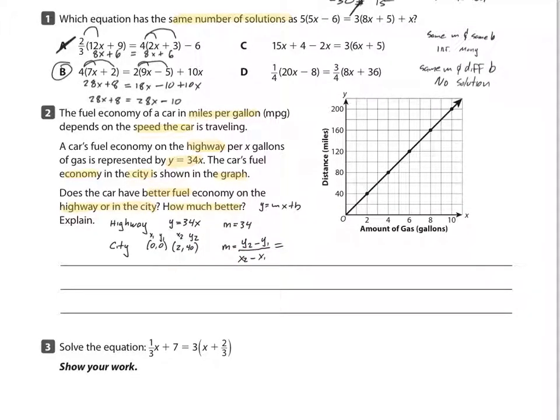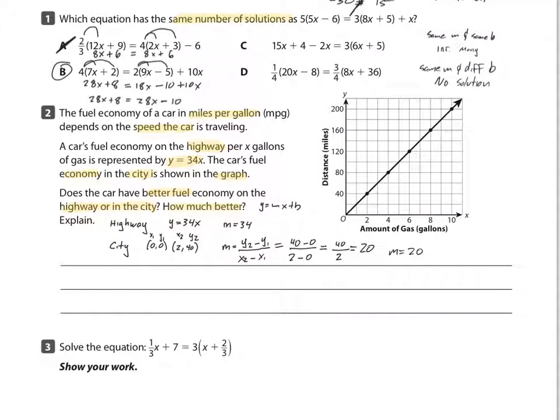This is y2. We're going to plug in 40. Your y1 is 0, so we're going to put minus 0. And then we're going to be paying attention to x2, which is right here. So that's going to be 2 minus 0, which gives you 40 over 2, which is 20. So your m for the city is 20.